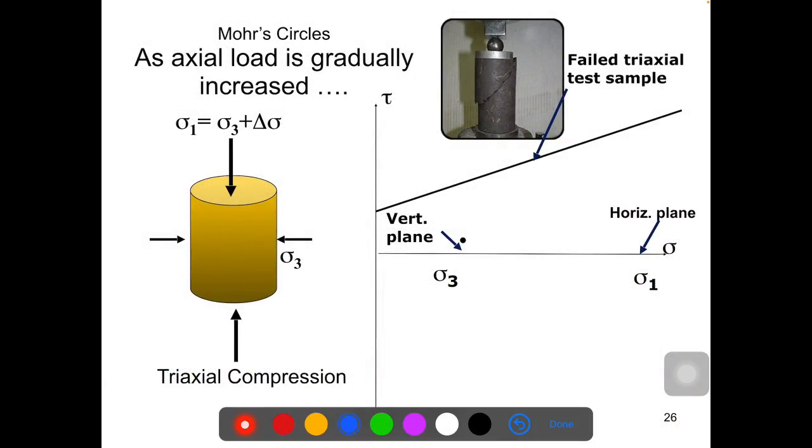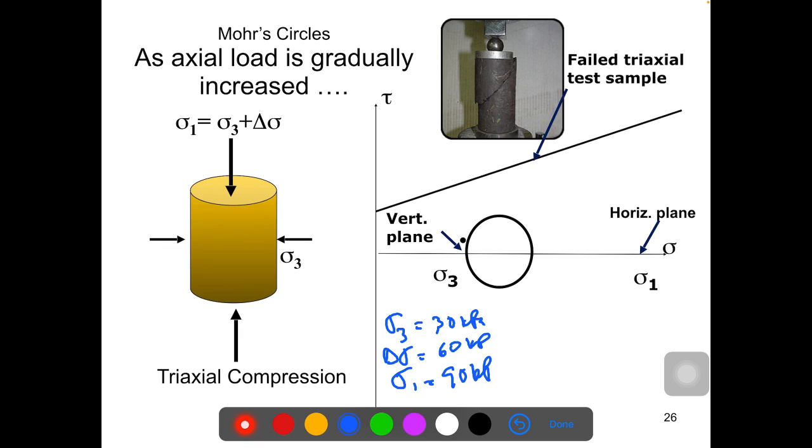Do you still remember the Mohr circle? What is a Mohr circle actually? When you do the first test, let's say your sigma 3 is 30 kPa, and then you add 60 kPa, so your sigma 1 would be 90 kPa.